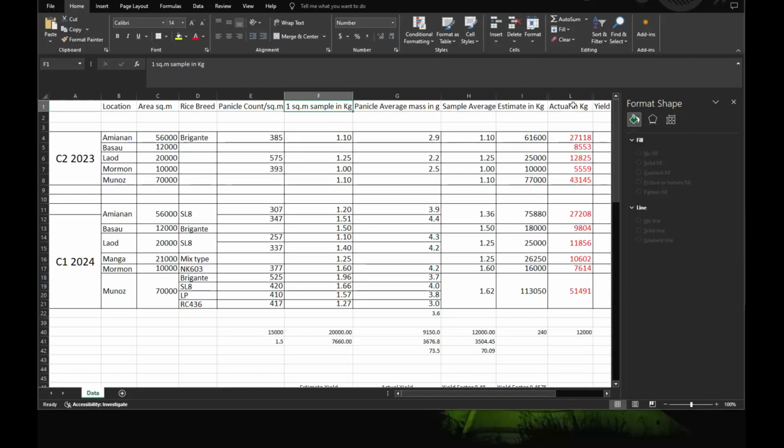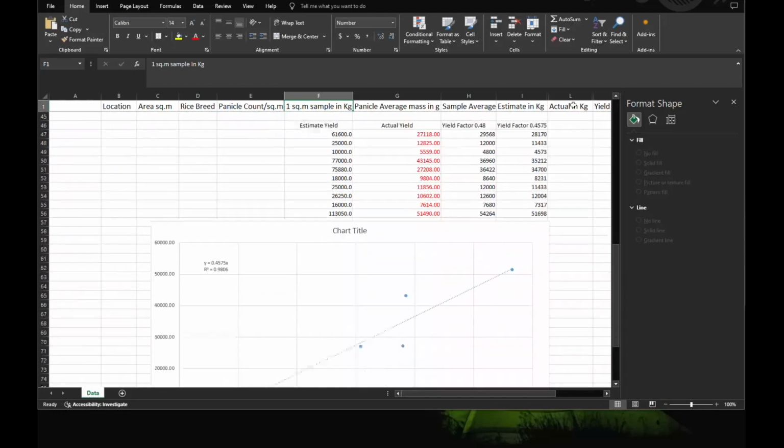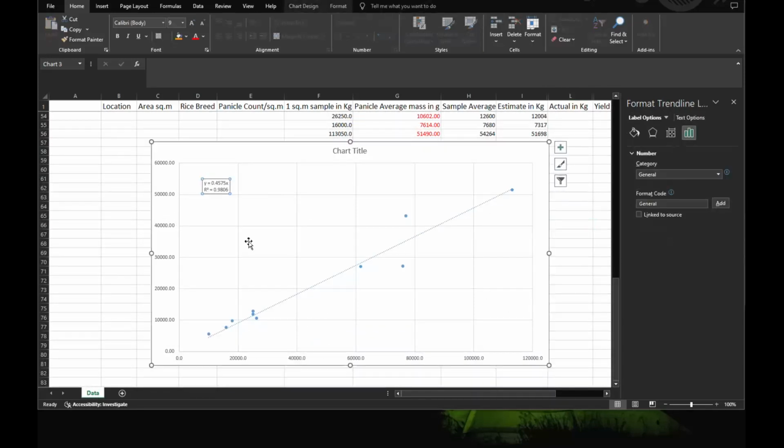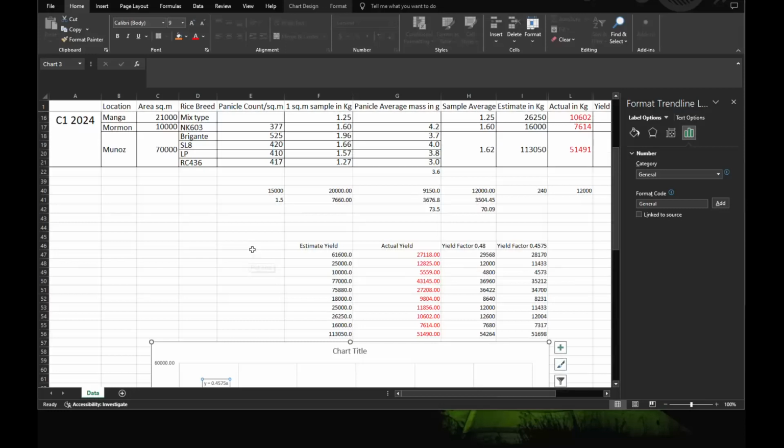Send them to me. It'd be nice additional data that I can use to improve this factor. I could probably see 0.56, 0.58 maybe. It'd be great if it goes up to 0.56.